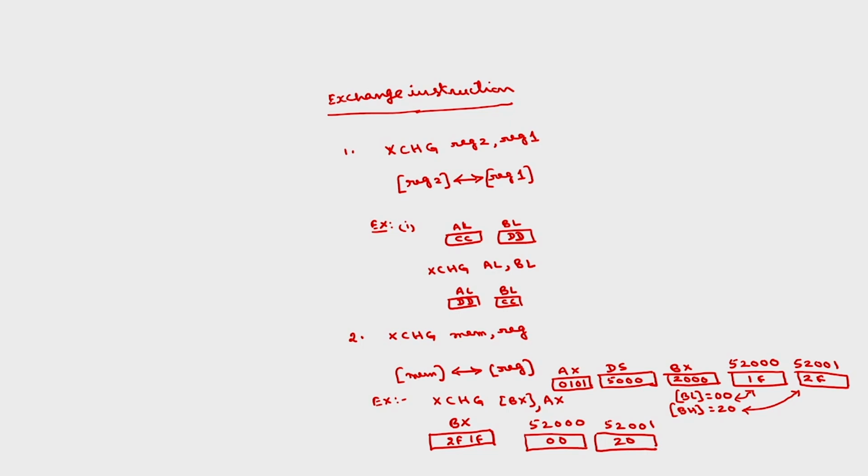The next instruction in the data transfer group is XLAT. Here nothing is mentioned, no register, no memory, but the operation inside this is on AL contents. It will operate on AL only.